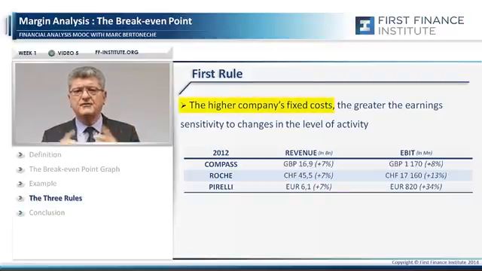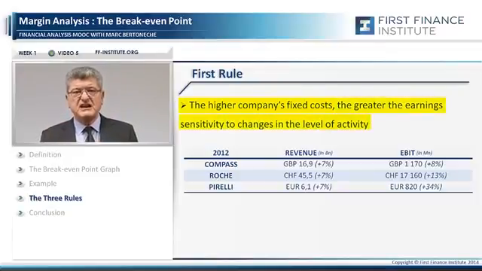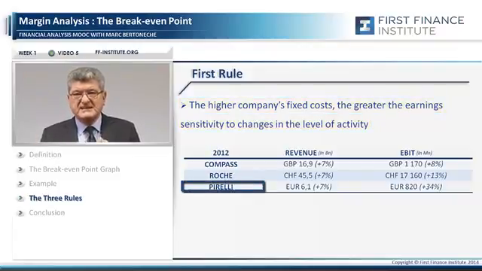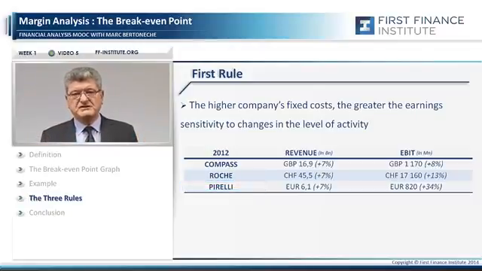The higher the fixed cost in a company, the higher is the sensitivity of profits to changes in the level of activity. This is the case of Pirelli. And this has little to do with the skills of managers, but basically relies on the cost structure, the mix between fixed and variable cost in the industry. Or to say it differently, the lower the fixed cost, the lower is the volatility of earnings. This is the case of Compass.